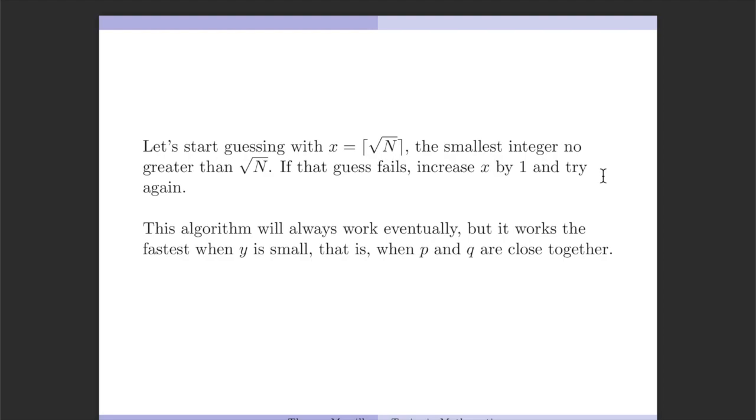But it works the best when y is small, so when p and q are close together. In the long term, you'll eventually just get x equals n or thereabouts. I don't want to go too much into that, so for these purposes you can trust me that it works as I say it does.